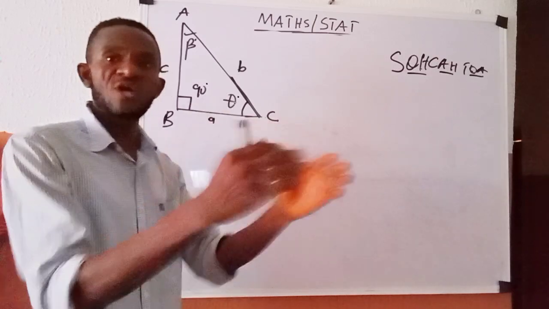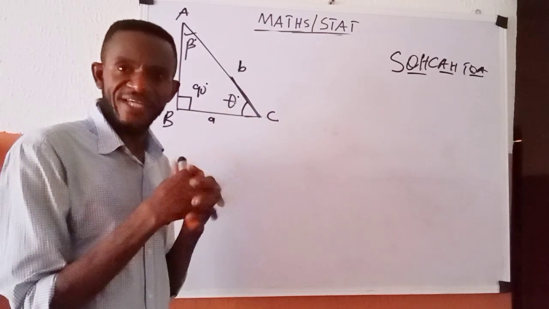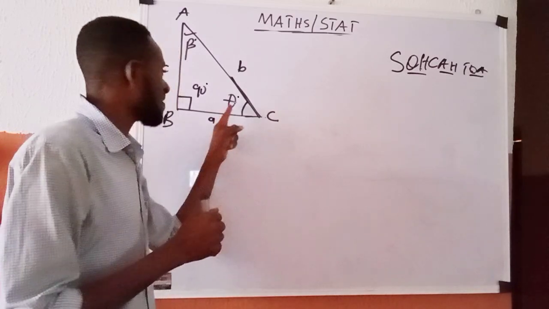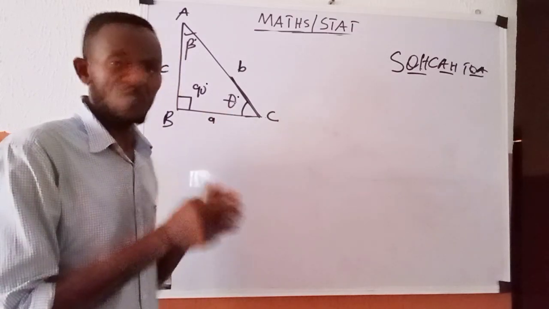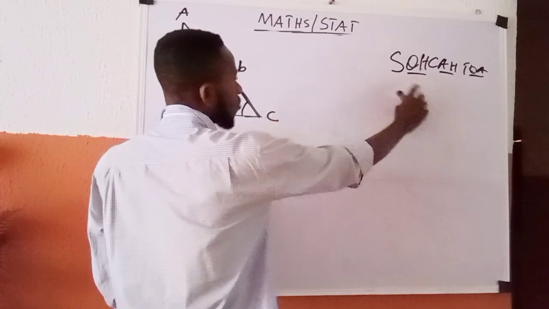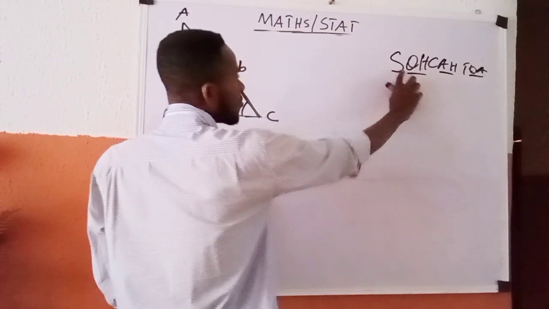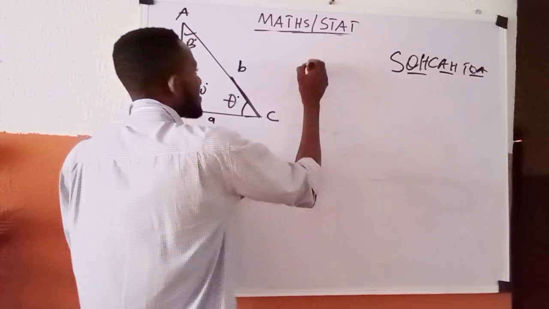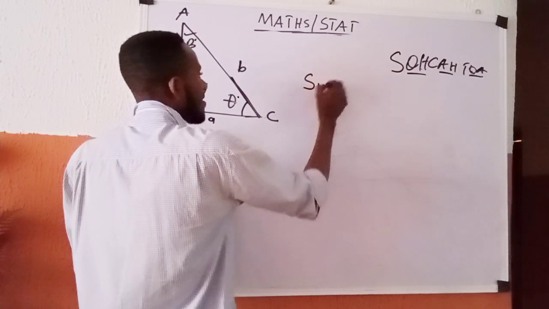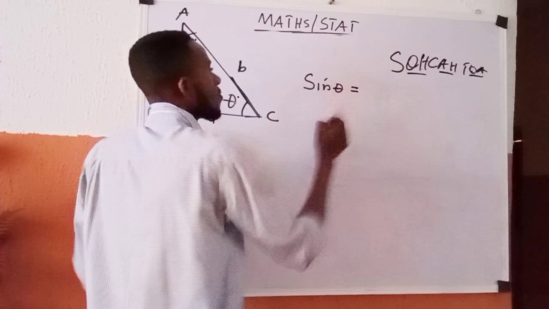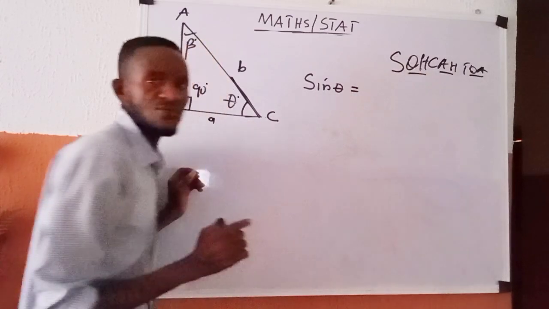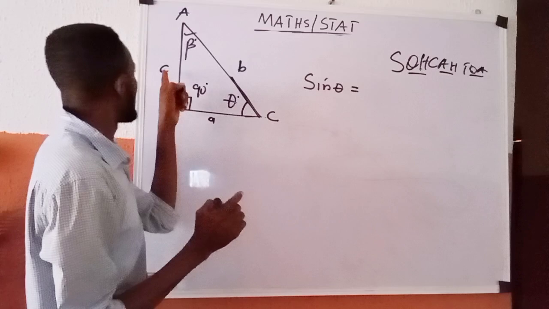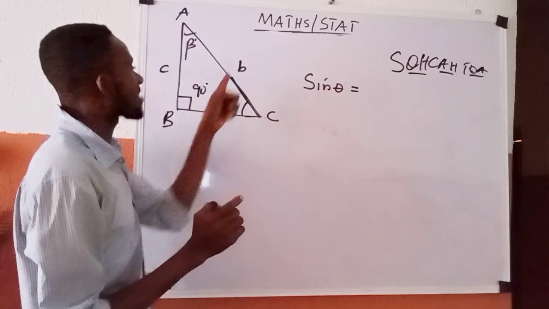So let us look at the sine, the cosine, and the tangent with respect to theta. From SOHCAHTOA, opposite over hypotenuse is sine. So sine theta is opposite over hypotenuse. Where is my opposite with respect to this theta? It is C. Where is my hypotenuse?